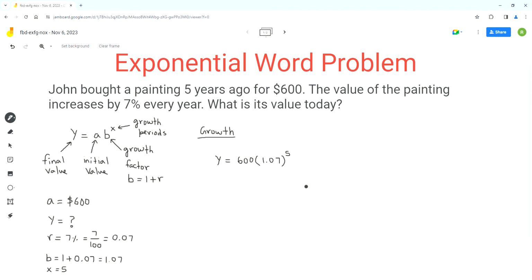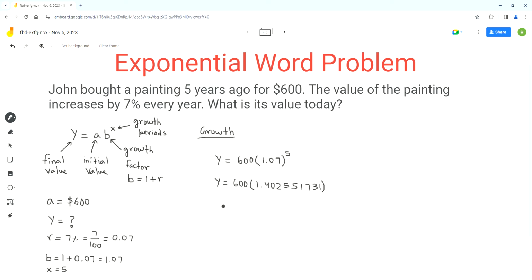And now we have to evaluate this expression. The first step is to evaluate 1.07 to the power 5. So I get 600 times 1.402551731. We should use the exact value so that we get the exact answer for the final answer.